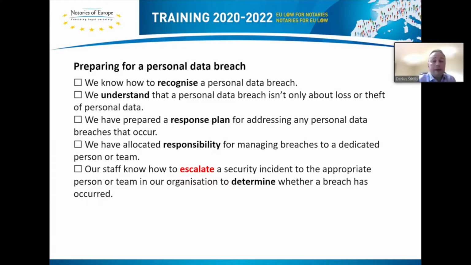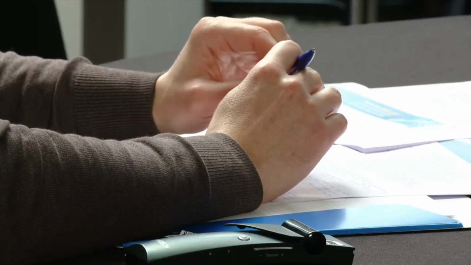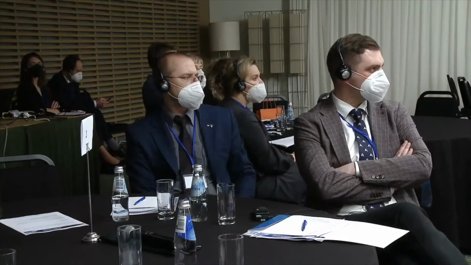We have allocated responsibility for managing data breaches. Yes, and our staff know how to escalate a security incident. So every employee must be aware that he or she must report the breach to his or her supervisor or responsible person. This is a very important rule.